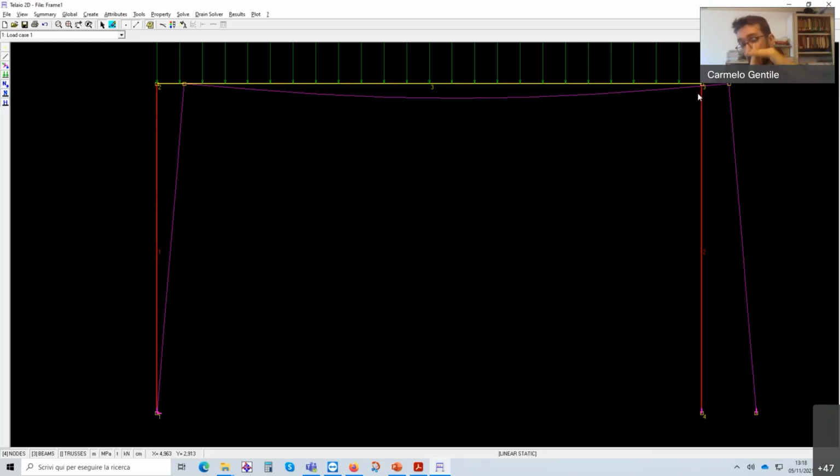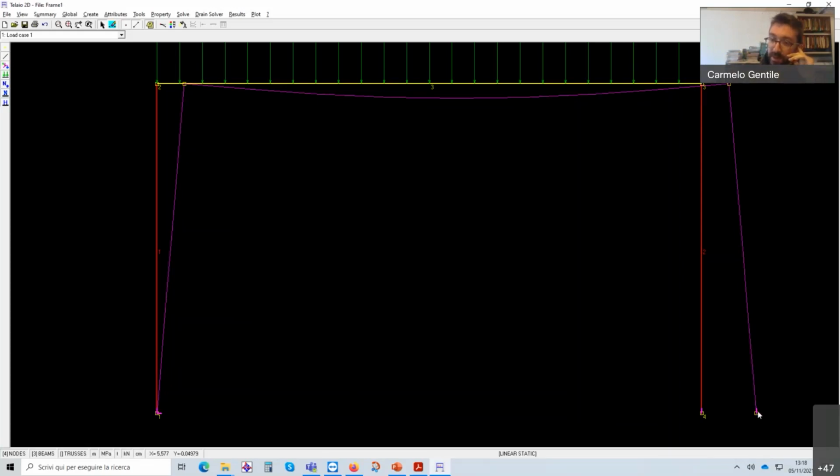It doesn't mean that it has to be 90 degrees vertical horizontal. It means that the two beams can rotate, but they have to share the same angle, which is 90 degrees.